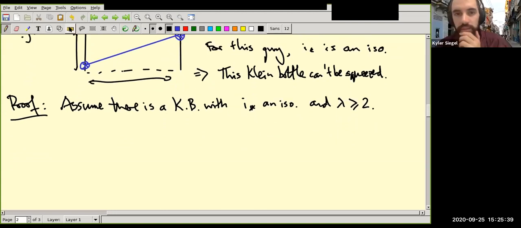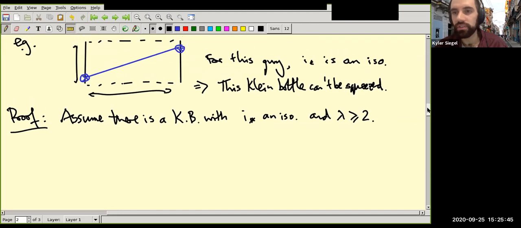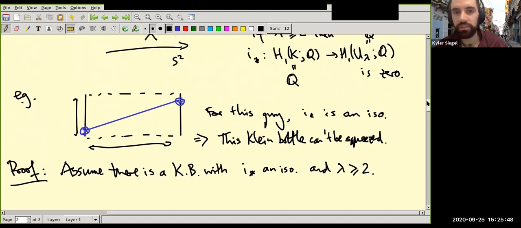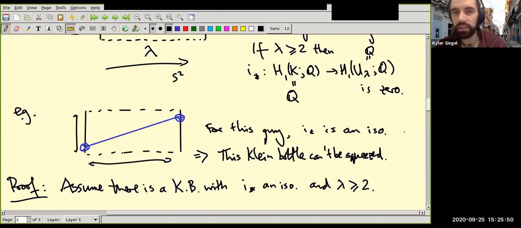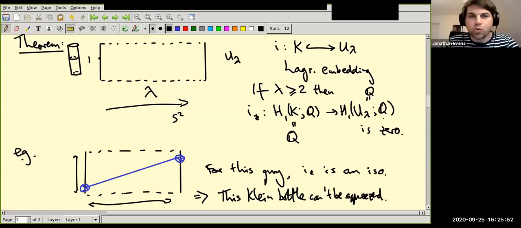So can I just ask? Yeah. I'm slightly confused. In the theorem, does it not follow from Shevchishin's result that there is no Lagrangian Klein bottle in that class? No, because for this particular Klein bottle, I star is an isomorphism, so you can't squeeze it in. But you could imagine having a Klein bottle inside this U lambda for which I star was 0.